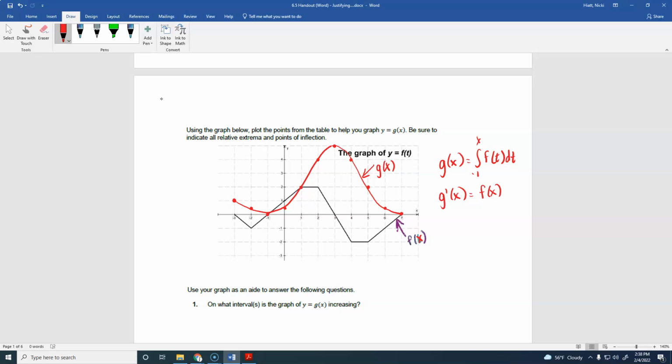Yes, Chandler? The derivative of root 2x, it's 1/2 (2x) to the -1/2 times 2.